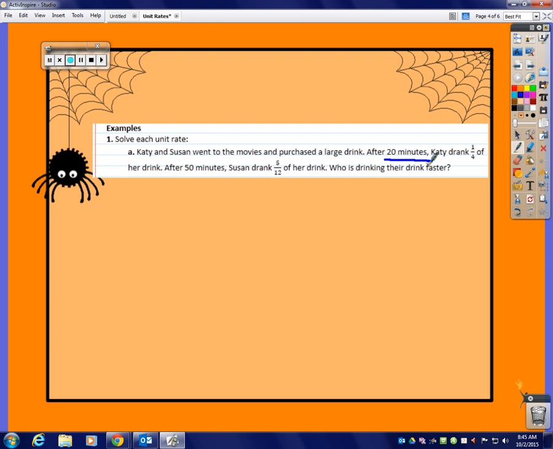There are 60 minutes in 1 hour. So if I was setting this up, it would be 20 over 60. Now 20 over 60 is a great fraction, but it needs to be simplified. So 20 over 60 simplifies to 1/3 hour.